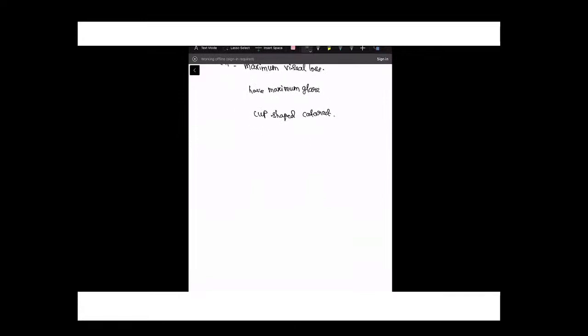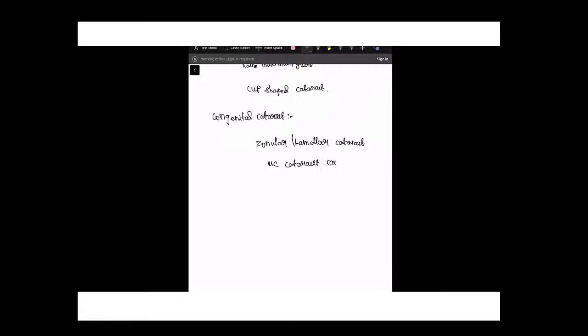Then we go for a few congenital cataracts. Zonular lamellar cataract. The most common cataract causing loss of vision in a child.